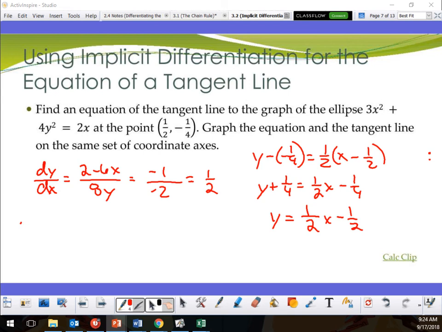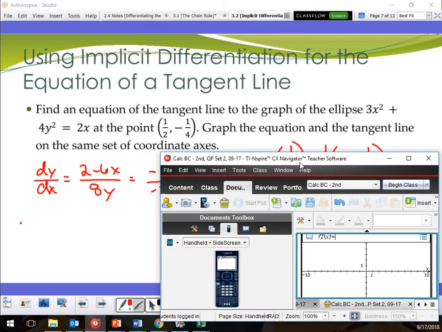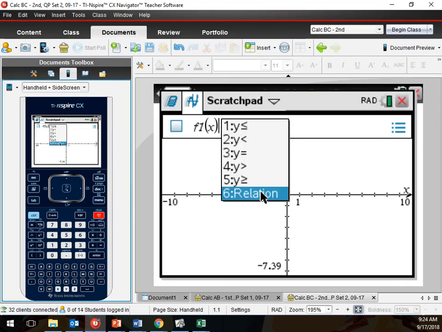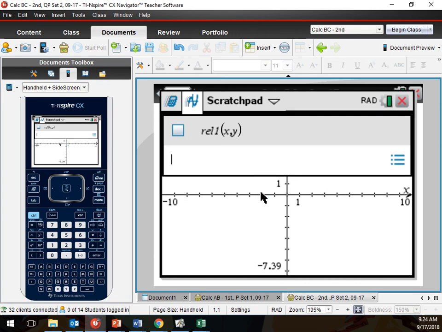So let's go calculator, documents. I'm going to change this to a relation.